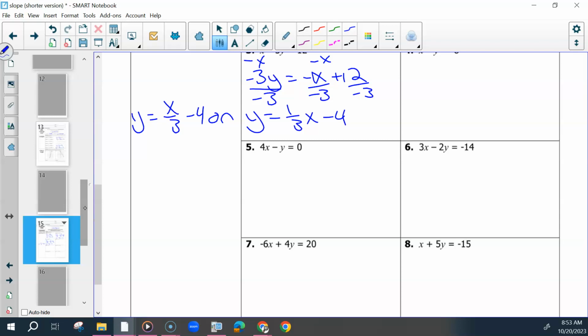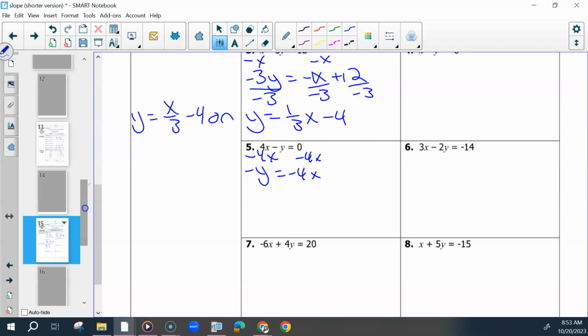Okay, let's try 2 more, and then I'll have you guys try some. Number 5, first step. Subtract 4x from both sides. You can put the plus 0, you can leave it off, it's up to you.